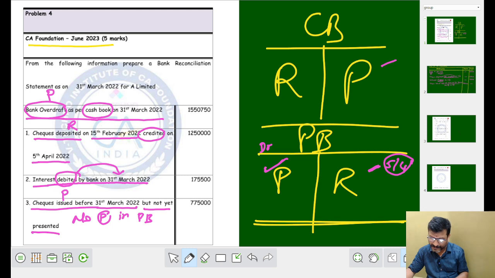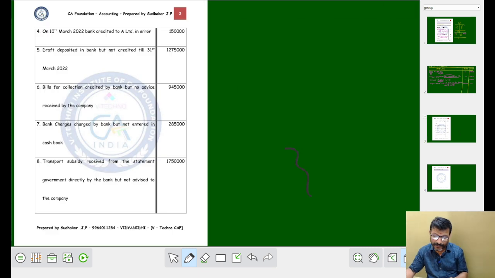See the next concept. After this, we have point number 4. On 10th April, that is, within the given time, the bank credited. What have they done? Credited. When it is credited, where do we have to take it? We have to take it on the opposite side.